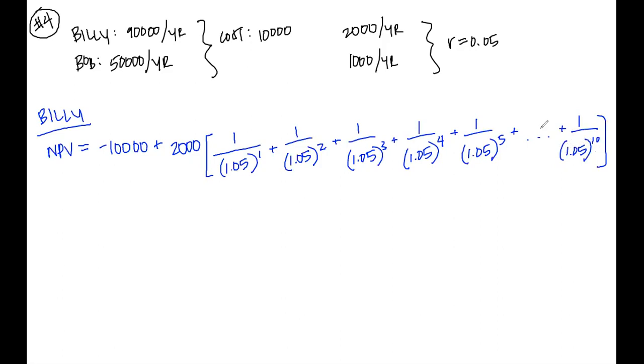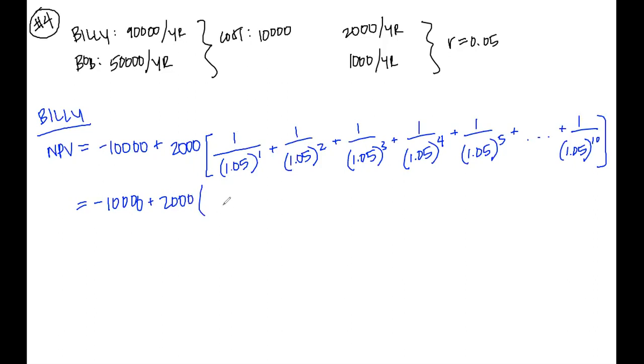So with this equation, the way I've set it up is I factored out the incremental earnings for each period to make it easier to calculate this big long portion at the end. So negative 10,000 plus 2,000 times the quantity of.